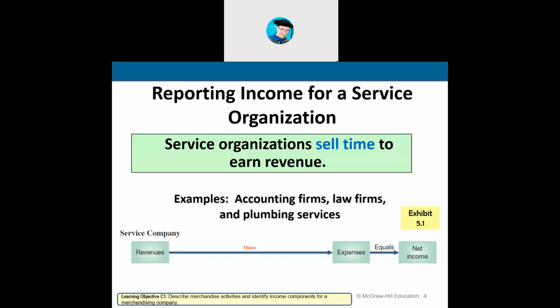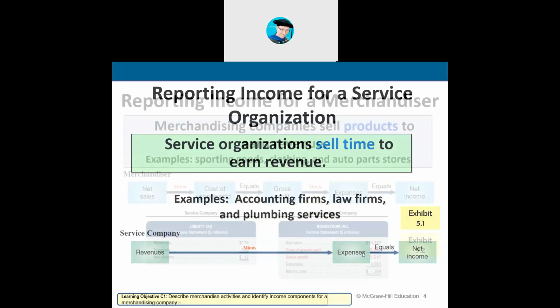Revenue is always at the top, expenses are toward the middle and the bottom. The formula for a service business to calculate net income is revenue minus expenses equals net income.